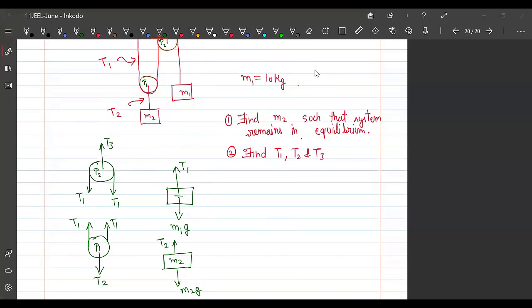Okay. Try to solve this now. Once done, tell me the answer.